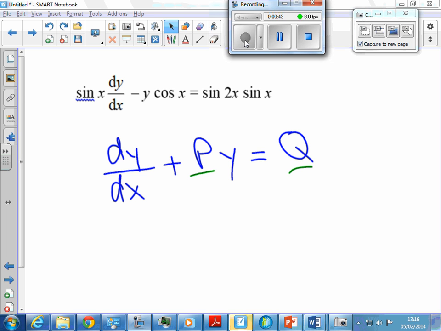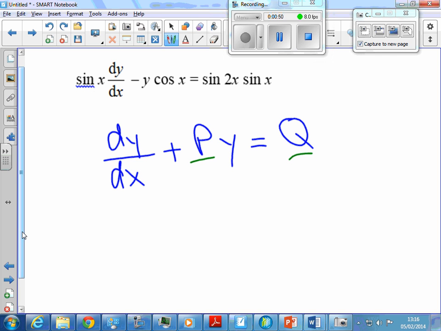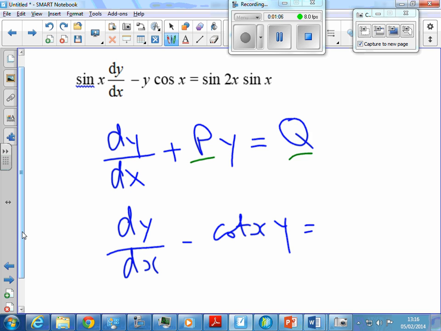So we divide through by sine x, then I have dy by dx minus cot x y, because cos over sine is cot, is equal to sine of 2x.